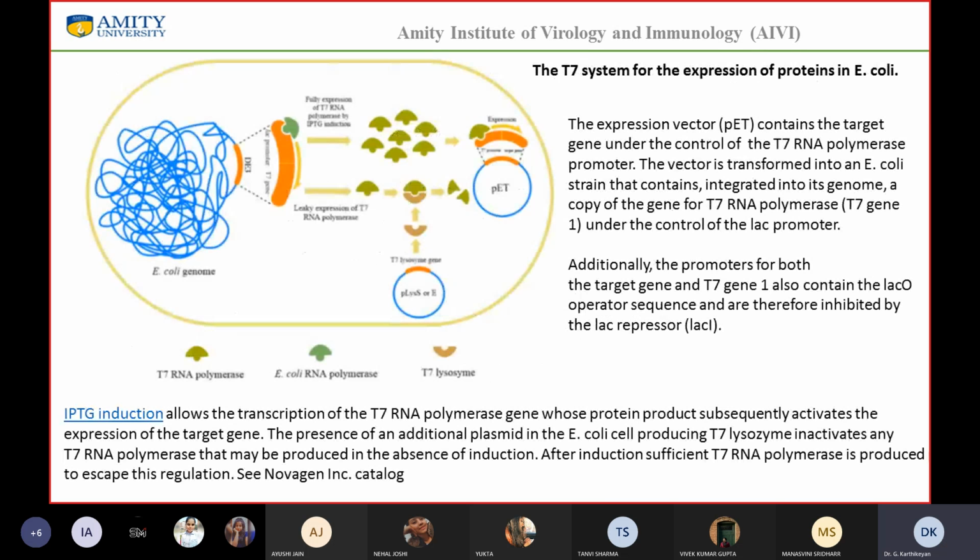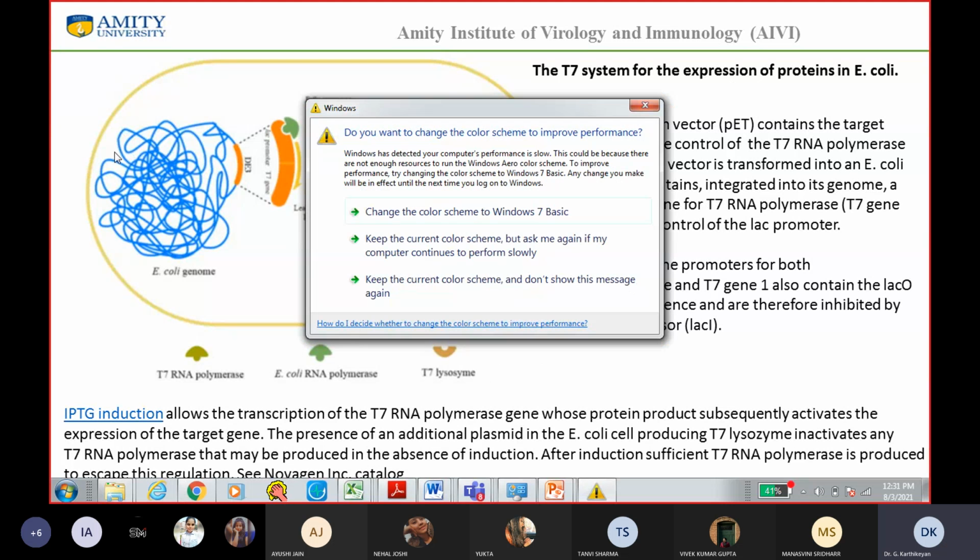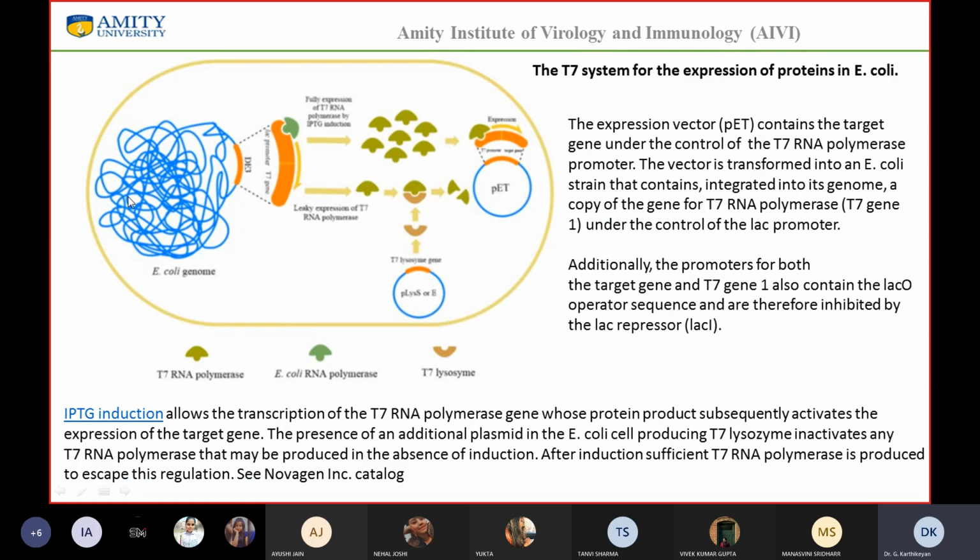Okay. So this is shown pictorially here. What I essentially described is shown pictorially here. So this is the chromosomal DNA, the E. coli genome, and this is called a DE3 lysogen. What is a lysogen? A lysogen is a bacterium in which the viral genes have been incorporated into the genome of the bacteria.